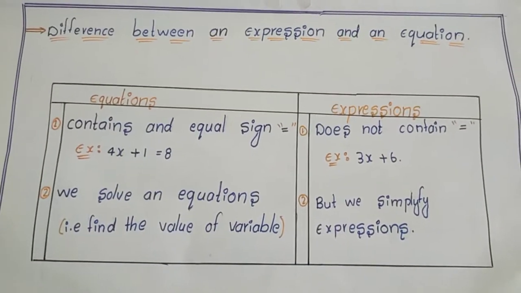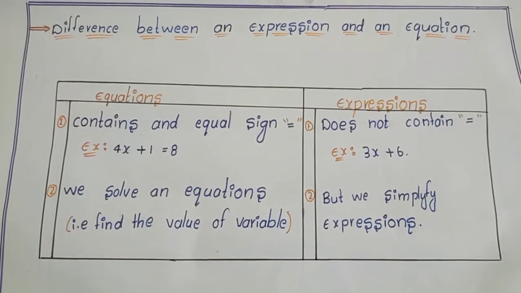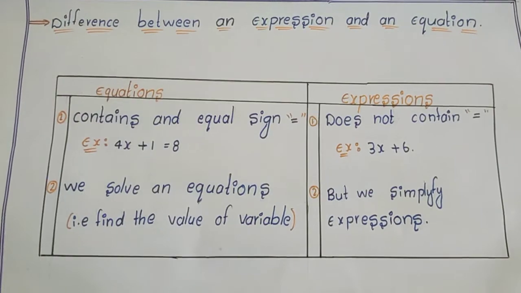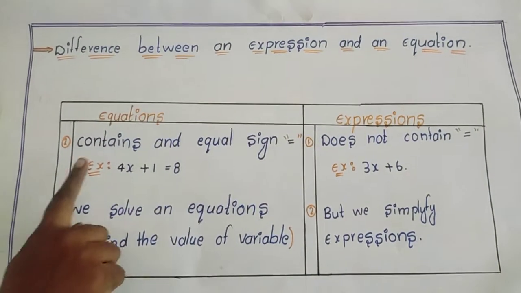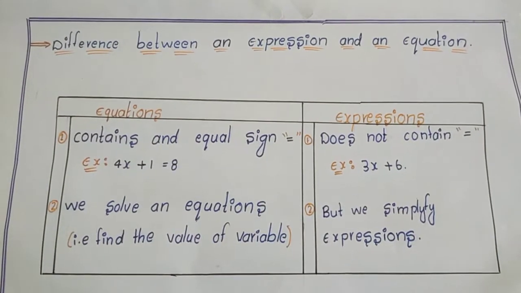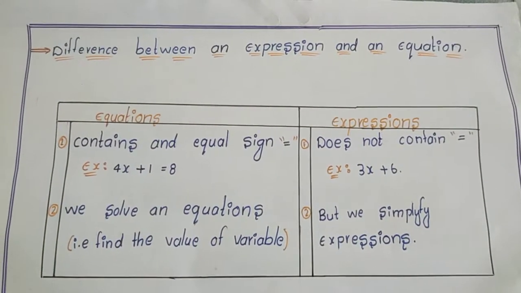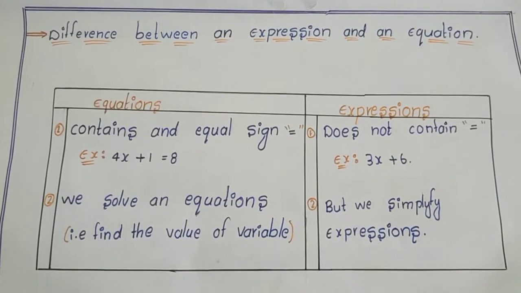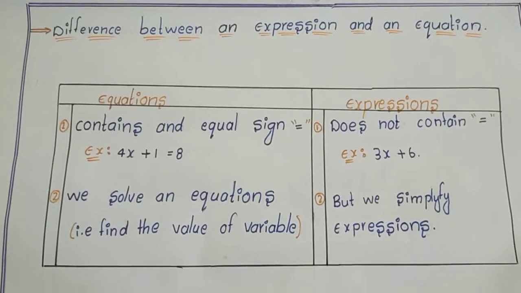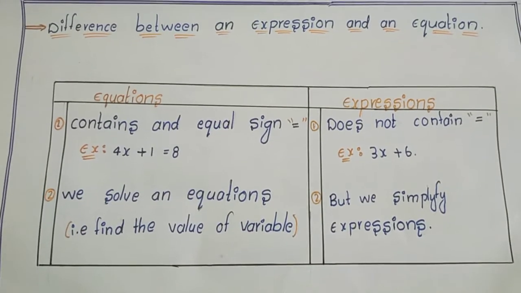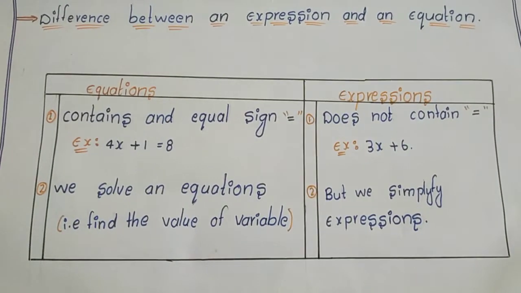Now, the difference between an expression and an equation. An equation contains the equal sign, the equal symbol. Example, 4x plus 1 is equal to 8. An expression does not contain the equal symbol.